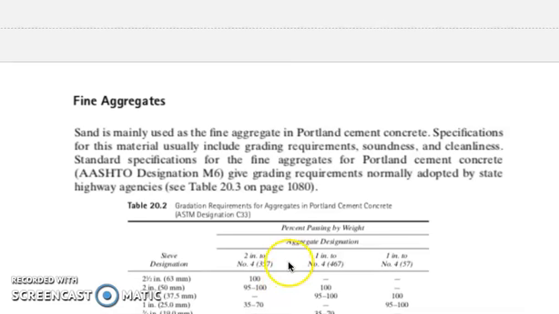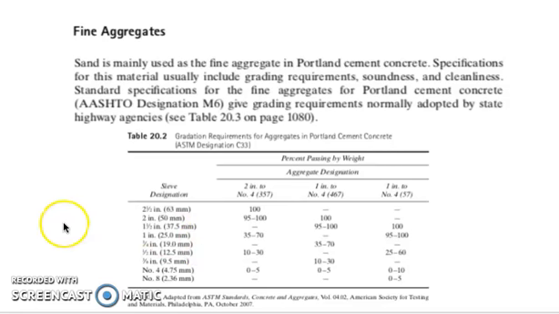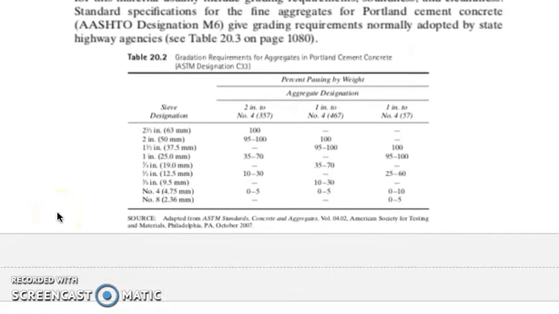So we have here a table showing the gradation requirements for aggregates in Portland cement concrete, ASTM designation C33. So we have a sieve designation and the corresponding percent passing by weight and aggregate designation.